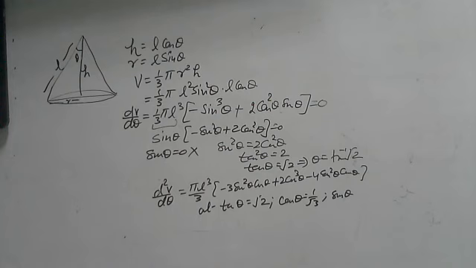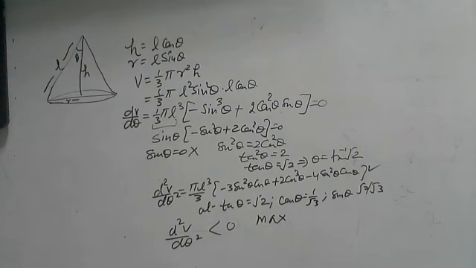Tan theta is equal to sin theta upon cos theta, so sin theta is equal to tan theta into cos theta, root 2 upon root 3. When you put these three values in d2V over d theta square, you will find the value is negative. You just check it. And when you find a negative value, it means it is a case of maximum.